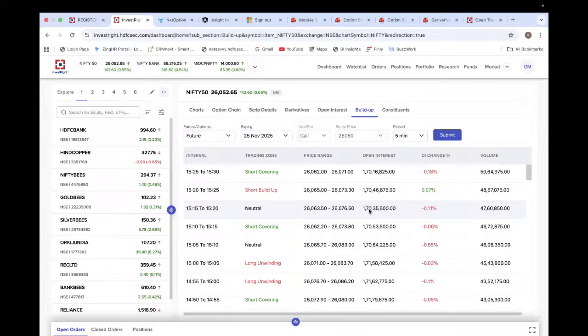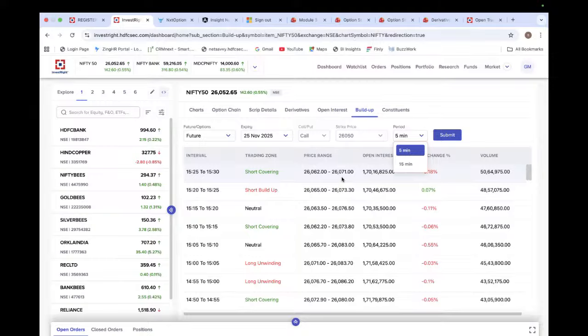The short build up is when short sellers are creating fresh positions. So on this particular page, you can choose futures or options and a certain time period, and you can see what's happening in that particular contract.